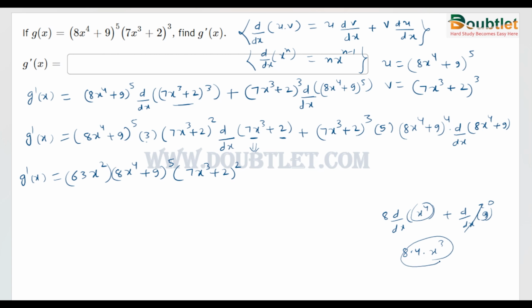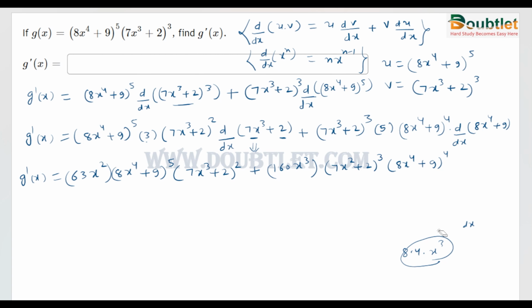So it will become 32x^3. So 32 into 5, 160. So it will become 160x^3, and then we can write this as (7x^3 + 2)^3, and this will become (8x^4 + 9)^4.